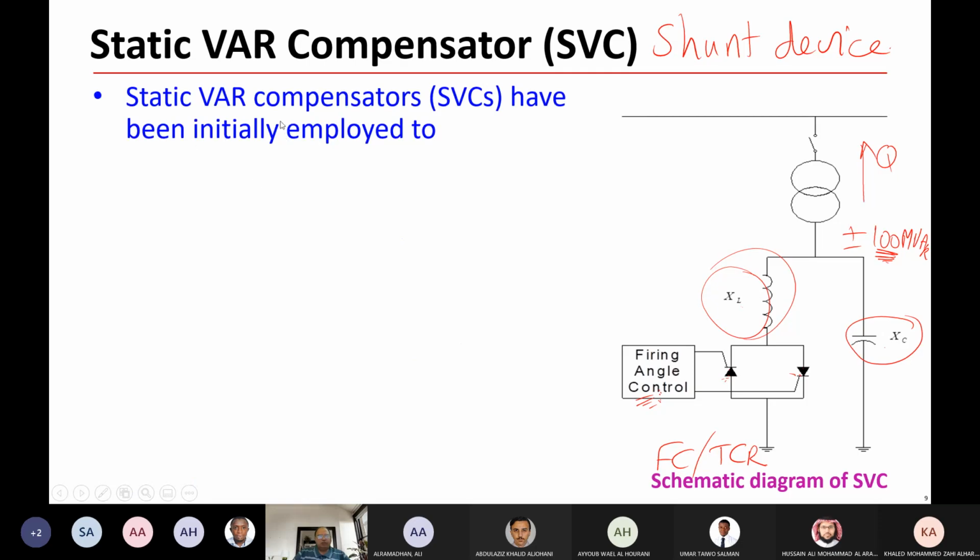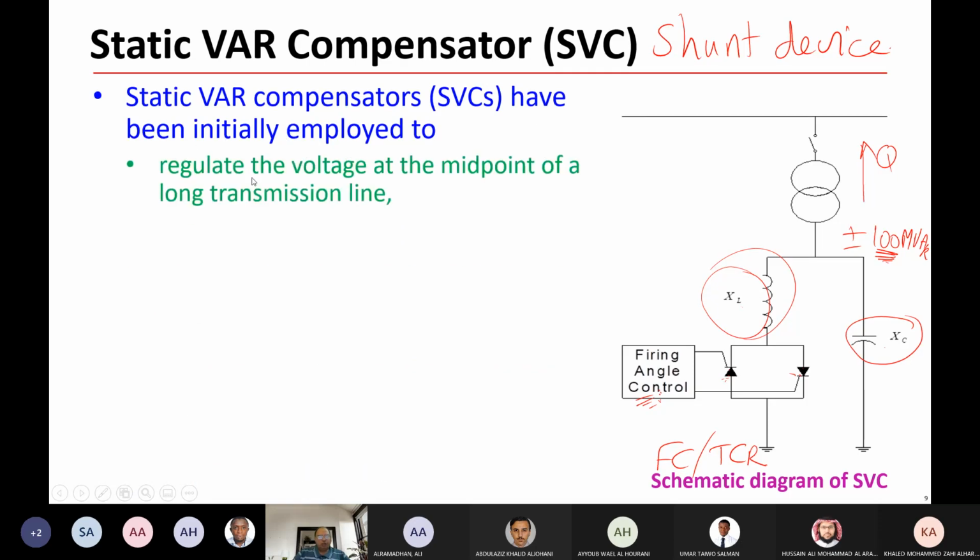So static VAR compensators were initially employed to regulate the voltage at the midpoint of a long transmission line. Usually for voltage compensation, you install the static VAR compensator at the midpoint of the line, which is considered the weakest point in terms of the voltage.